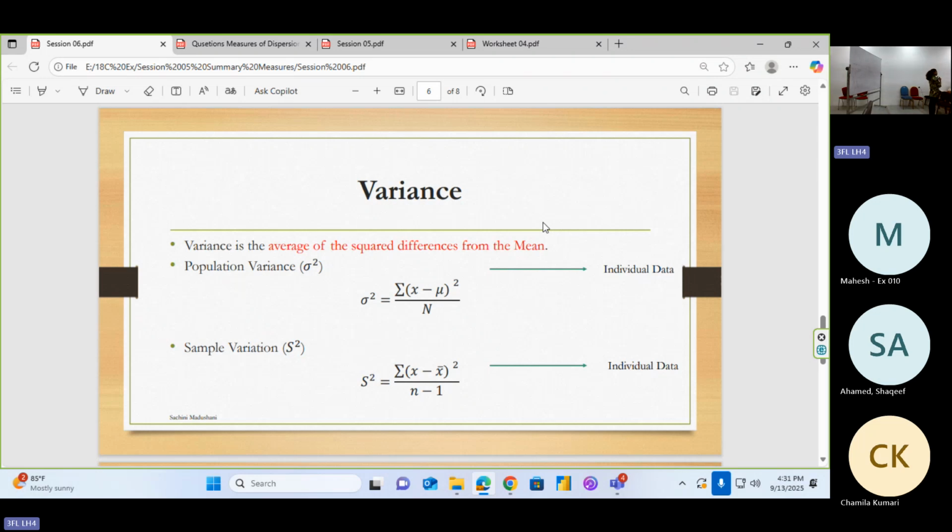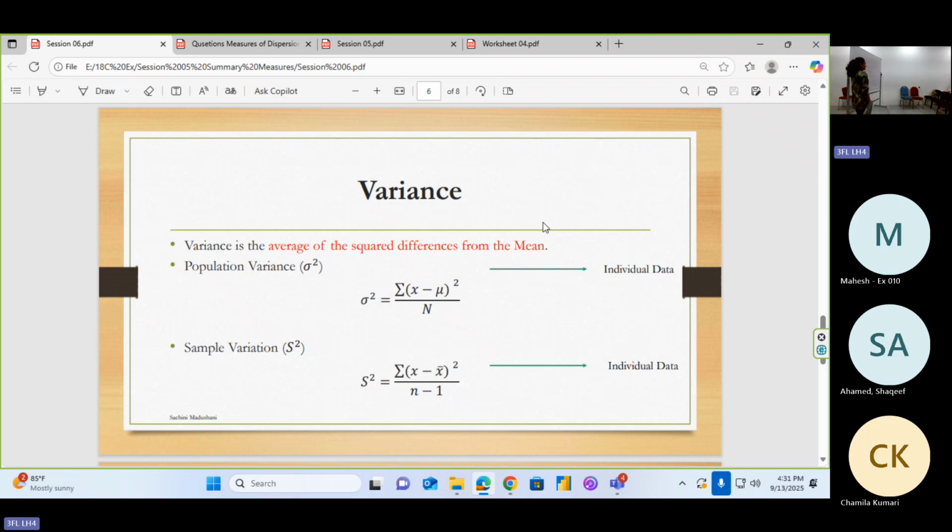Now what else? Q3 minus Q1 divided by 2. Can we get a negative value? We can't. Why? Q3 is greater than Q1. Then variance. Can we get a negative value? Can't.